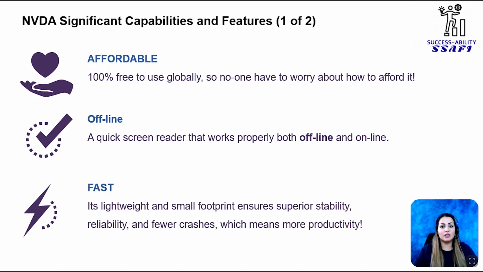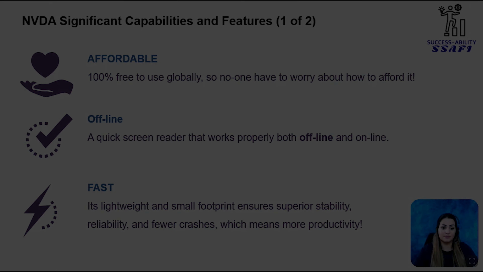Number three, NVDA is pretty fast, and the reason is because it has a very small footprint. It does not overload the operating system. That's why the number of crashes is really low in comparison with some other paid screen readers.